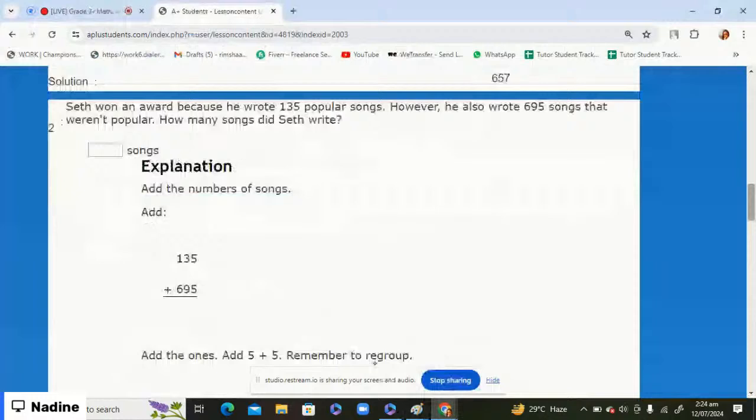So Seth won an award because he wrote 135 popular songs. However, he also wrote 695 songs that were not popular. How many songs did Seth write? So we are going to add up all the songs.